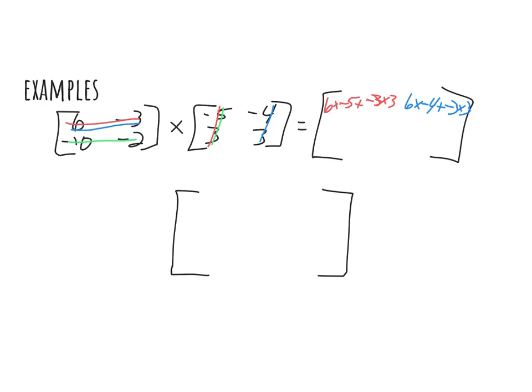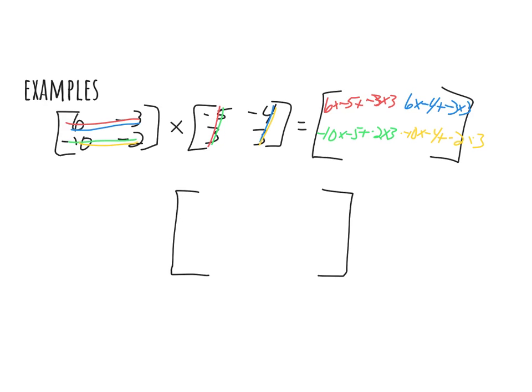Row 2, column 1: negative 10 times negative 5, and negative 2 times 3. And then row 2, column 2: negative 10 times negative 4, and negative 2 times 3.